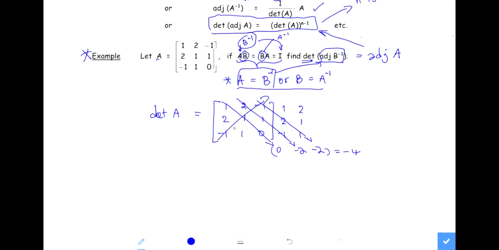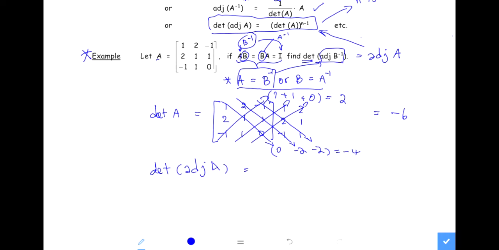Then let's go up. That is a 1, go up again, that's a 1, and for the last term, that's a 0. The sum of them is 2. So all the down minus all the up: negative 4 minus 2 is negative 6. Now you come back here to the determinant of adjoint B, no, not adjoint B, adjoint A, sorry.